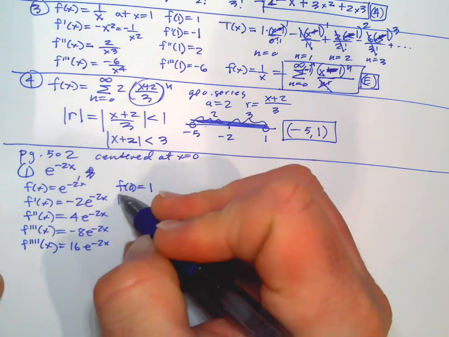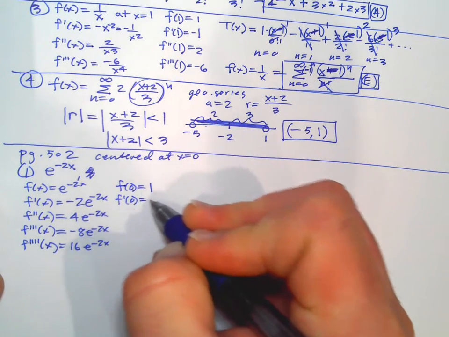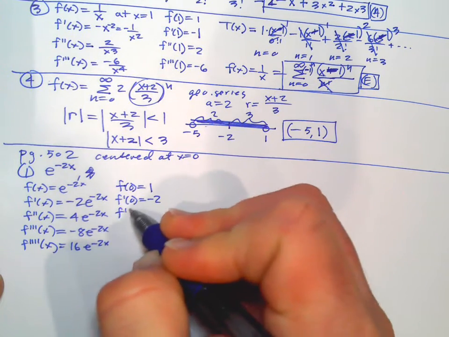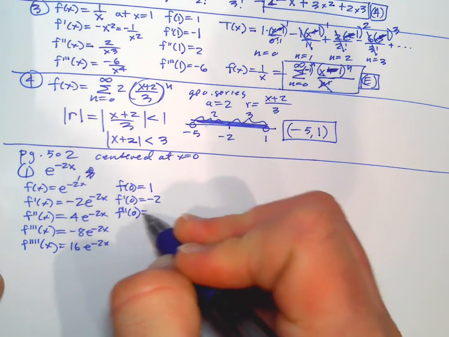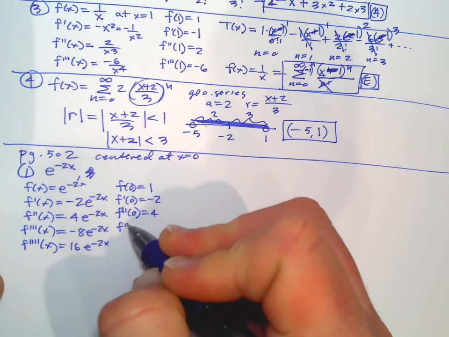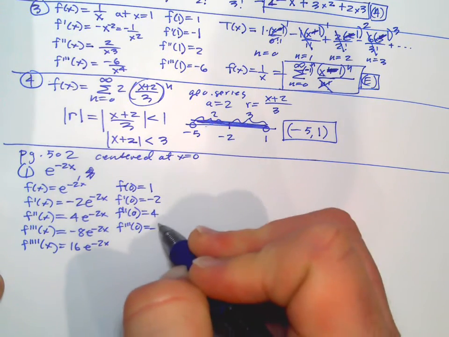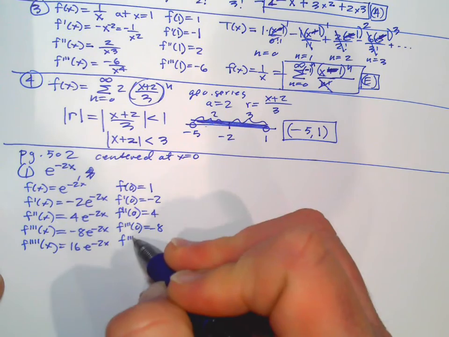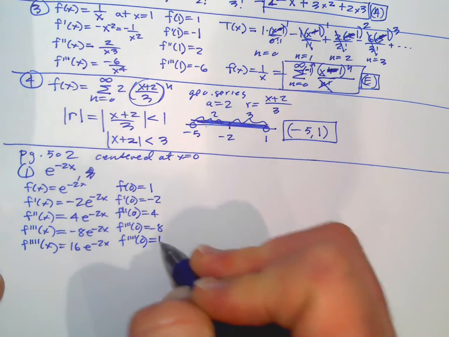So you get 1 and negative 2 and 4 and negative 8 and 16.